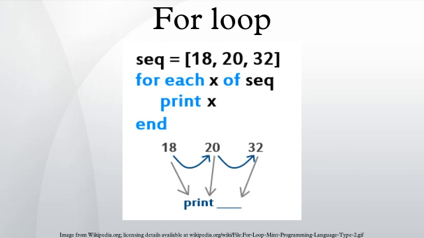ALGOL 68 has what was considered the universal loop, the full syntax. Further, the single iteration range could be replaced by a list of such ranges. There are several unusual aspects of the construct. Only the do ~ od portion was compulsory, in which case the loop will iterate indefinitely. Thus the clause to 100 do ~ od will iterate exactly 100 times.